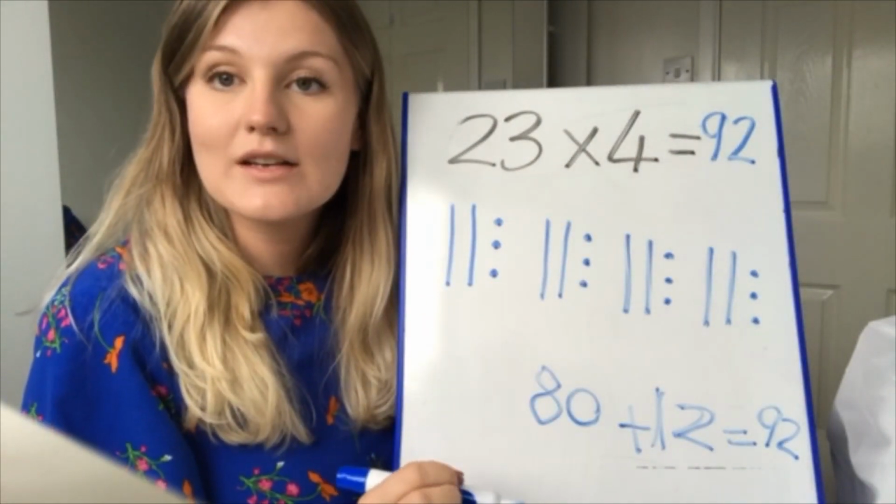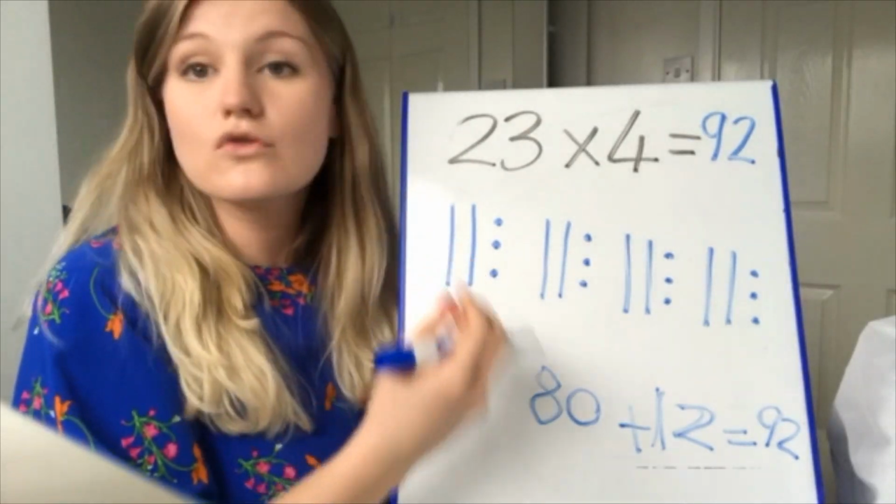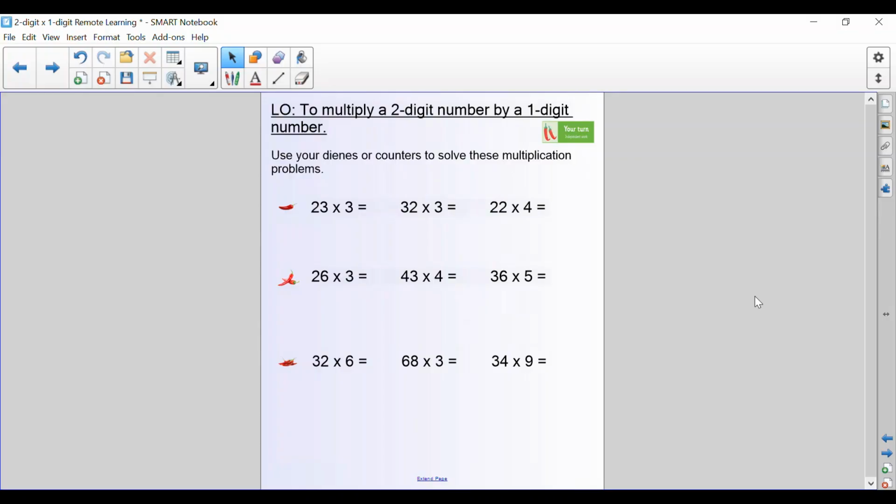Have a go at these next few questions using the counters or drawing the deans yourself. Now it's your turn to have a go at some of these number sentences. Using your deans or counters, just like I did before, I'd like you to try and solve these multiplication problems. Now there are some questions for Chile 1, Chile 2 and Chile 3. You can have a go at all of the questions or you can choose the Chile that you prefer to try.